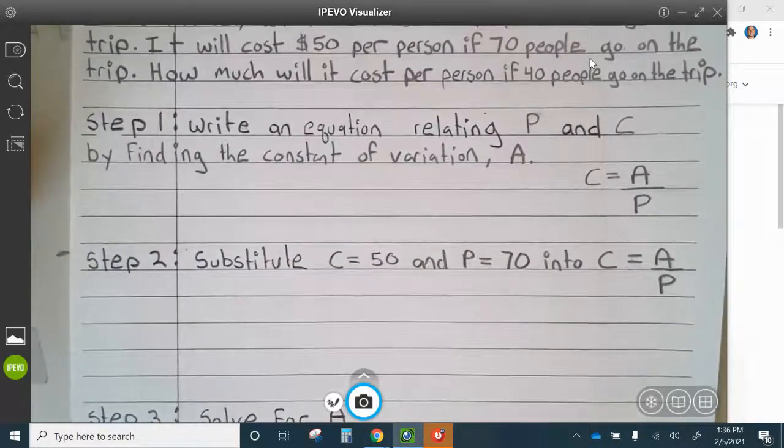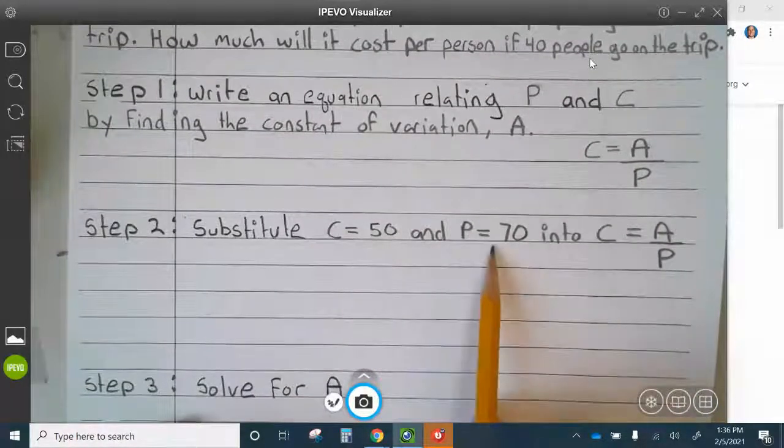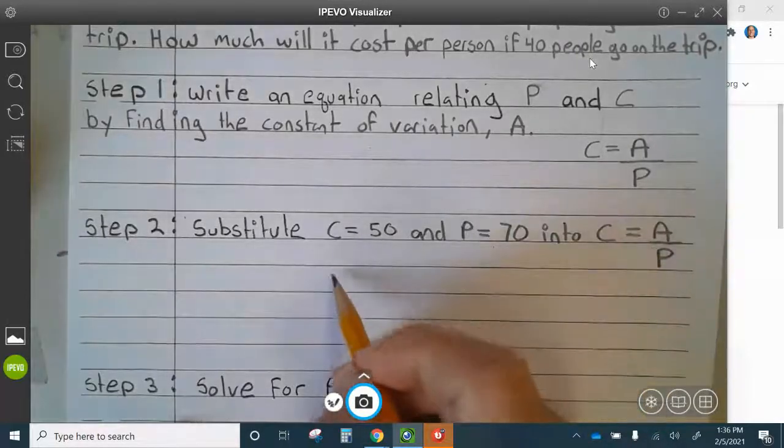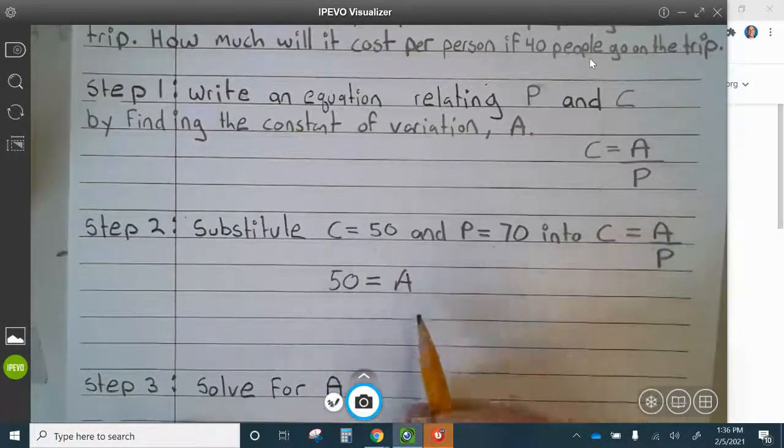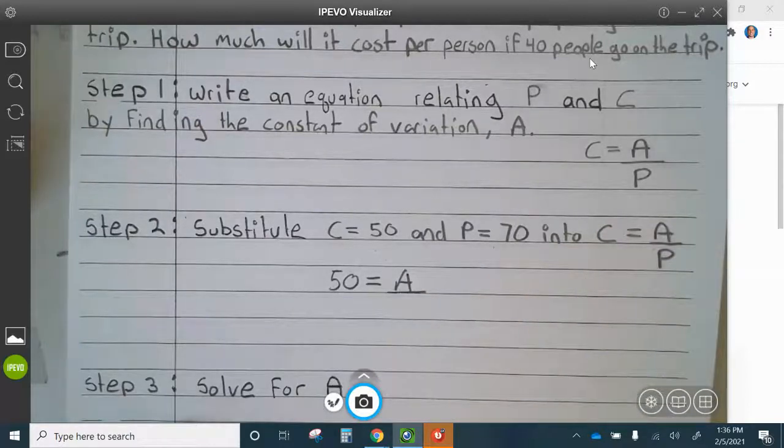Okay, step 1, write an equation relating P and C by finding the constant variation A. So the equation is C equals A divided by P. Now we're going to substitute 50 and 70 into the equation. So that's 50 equals A divided by 70.